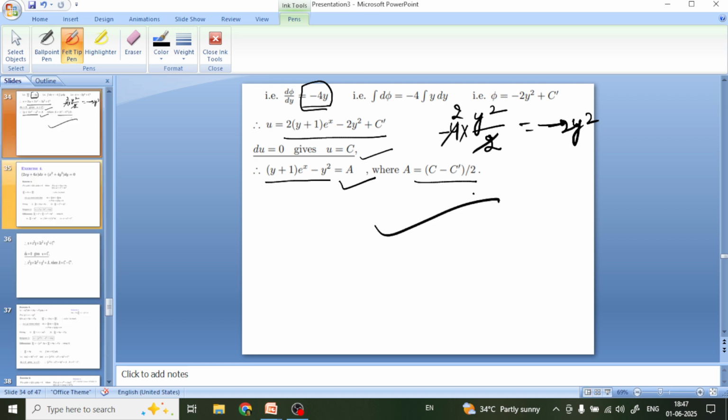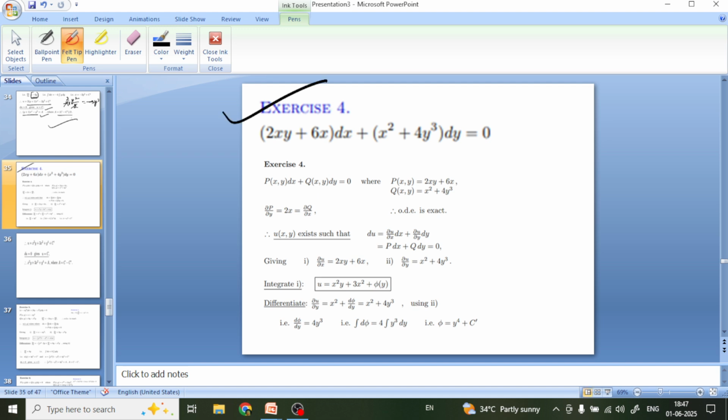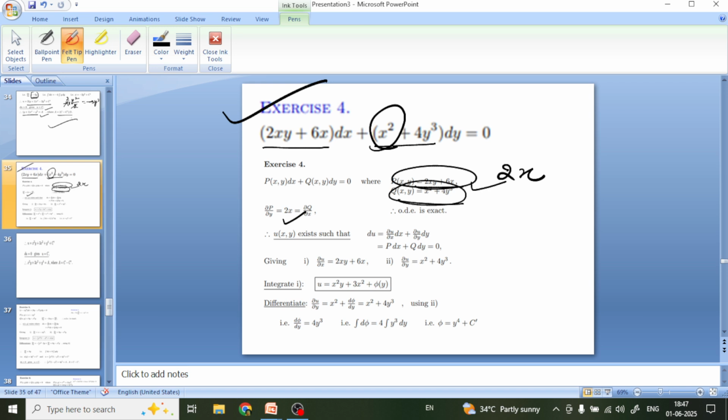Now next, the fourth question. You have given this is p(x, y), this is q(x, y). Now in this case you will find 2x. When we solve it we will find its derivative, that will be equal to 2x, which should be written here. After that, this one is the first equation, this one the second equation, and first we have to find the integration of p(x, y).